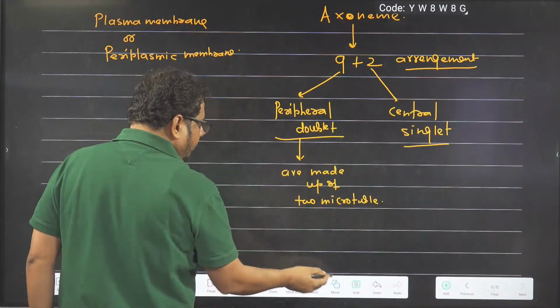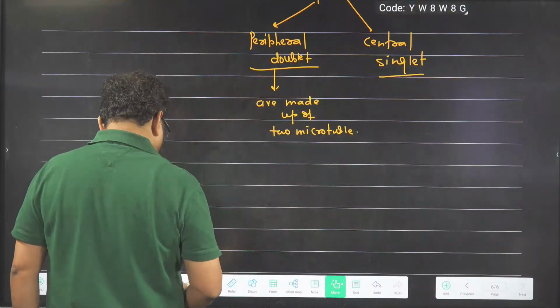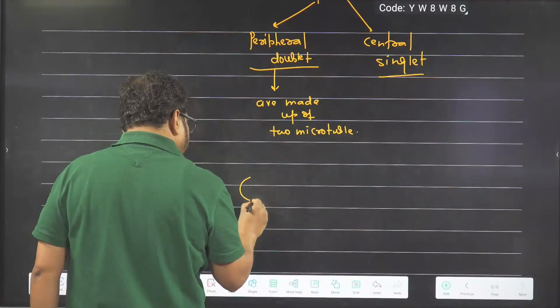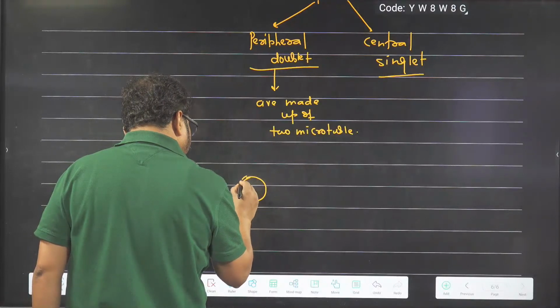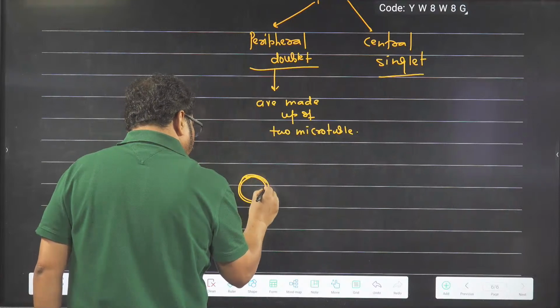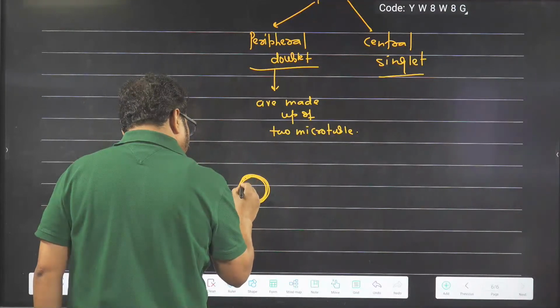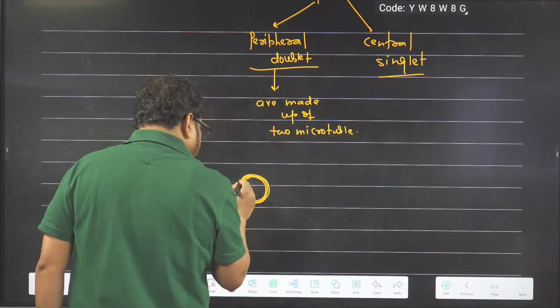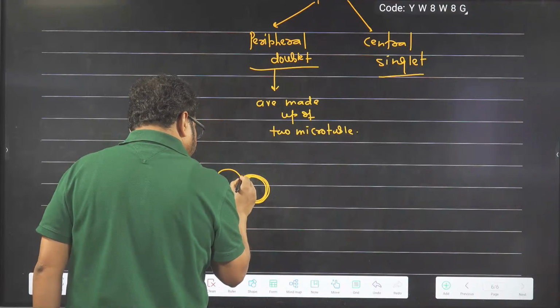A peripheral doublet is made up of which one? 2 microtubules. How does it look? I am drawing a diagram. So it is microtubule 1, a tube-like structure, and another is microtubule 2.